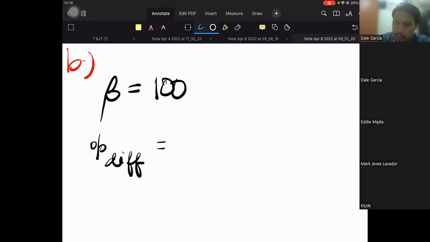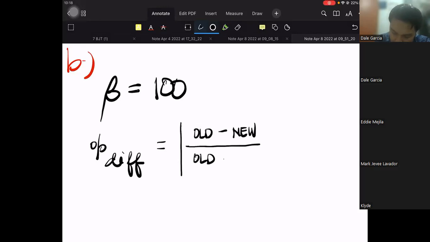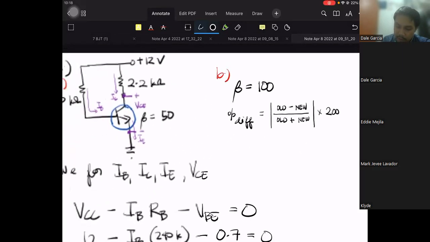Absolute value of old value minus new value, divided by old value plus new value, times 200. So that's the formula for percentage difference.